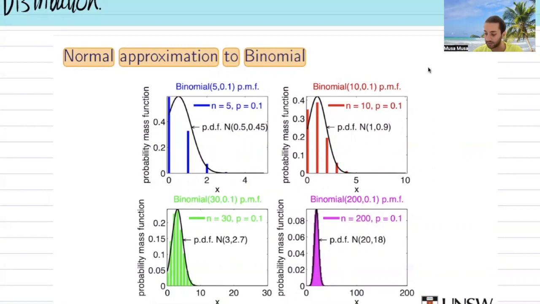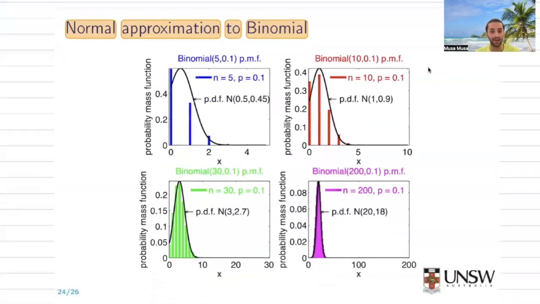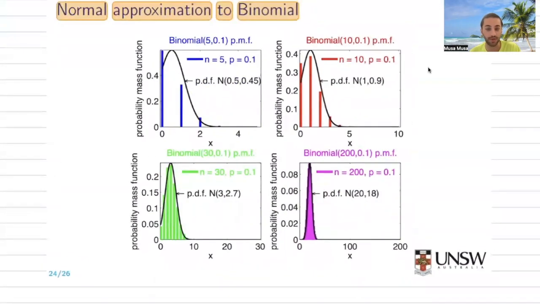This first binomial, 5 and 0.1, says that there are 5 independent trials. The probability of success in each trial is 0.1. And these blue bars represent the probabilities of getting 0, 1, 2, 3, 4, and 5. Doesn't really look like a normal distribution, does it?